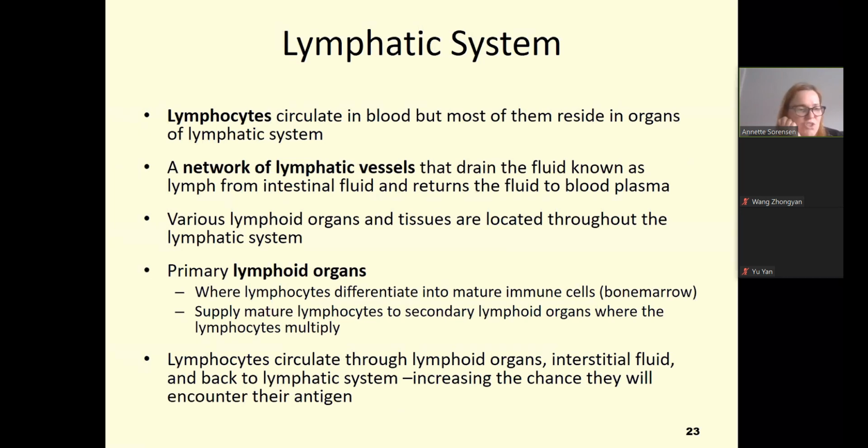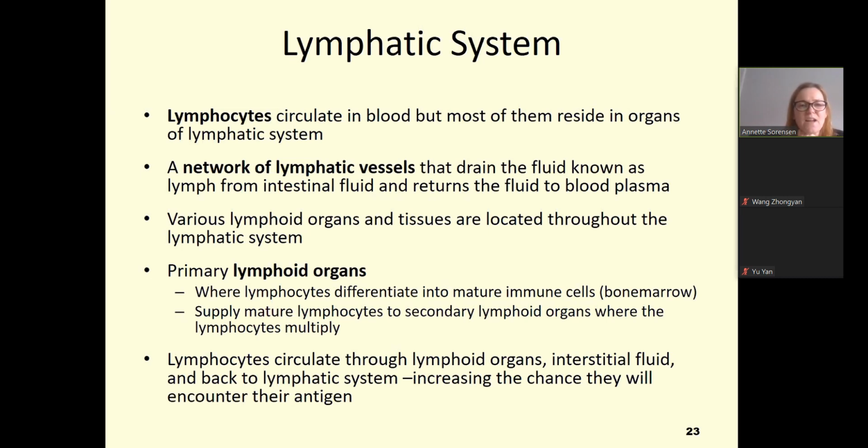However, the cells which are responsible for acquired immunity, the B cells and T cells, are a type of leukocyte. They're also called lymphocytes. These lymphocytes circulate in the blood, but most of them reside in organs of the lymphatic system. And we will look in a minute at what these organs are.